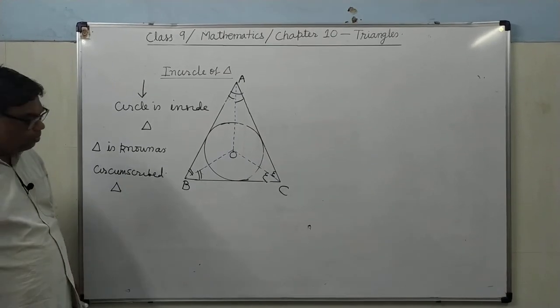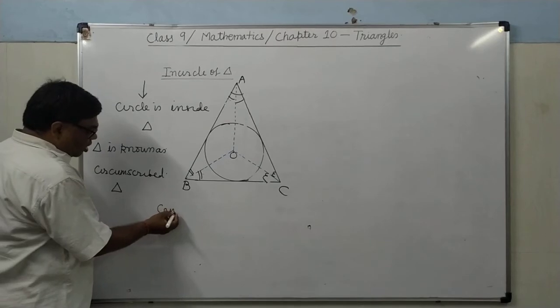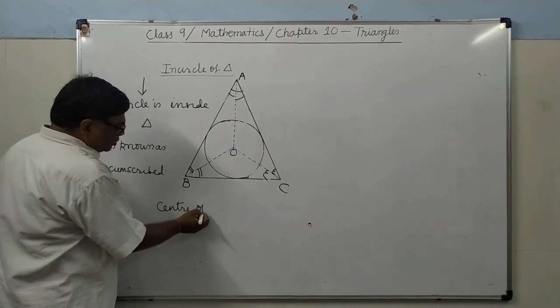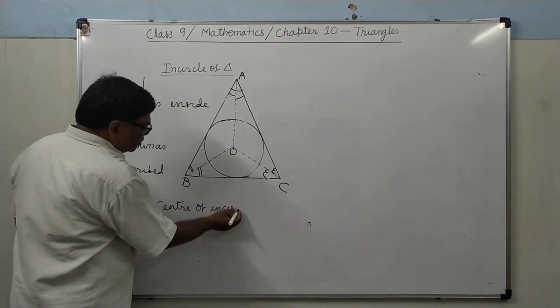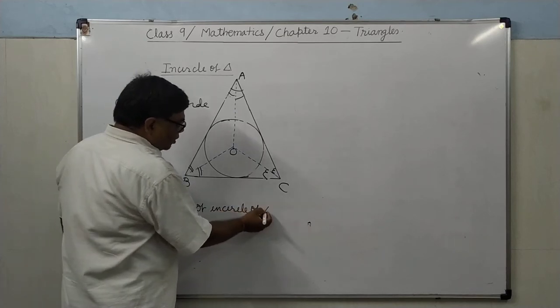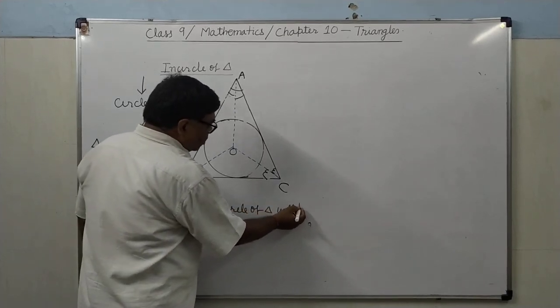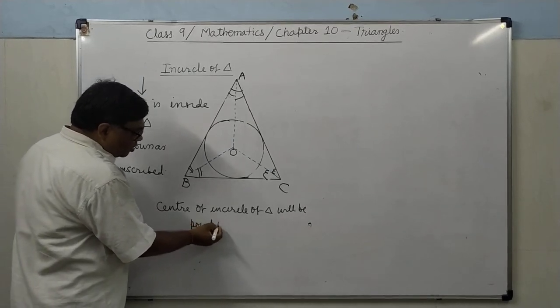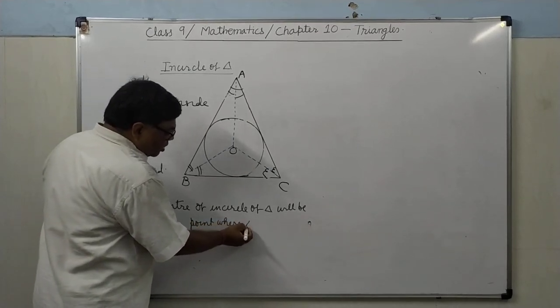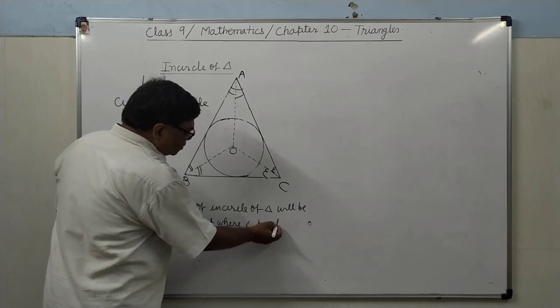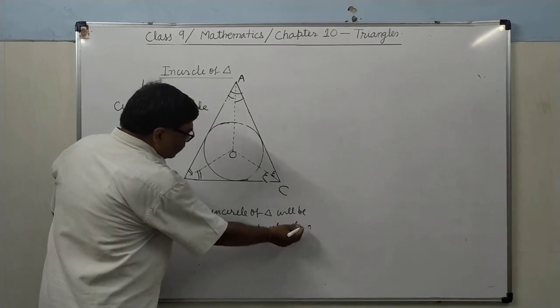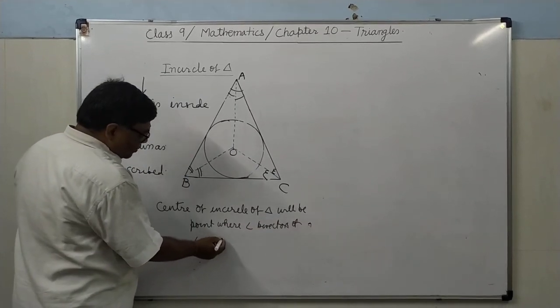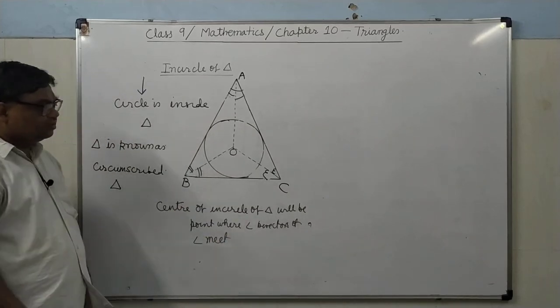This point O will be the center of the incircle of the triangle, the point where the angle bisectors of the angles meet. That will be the incenter.